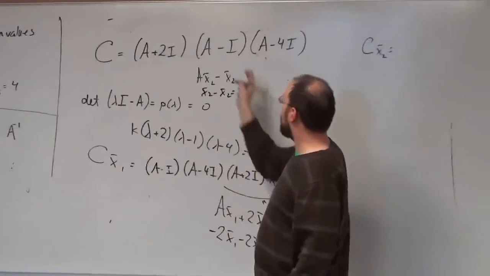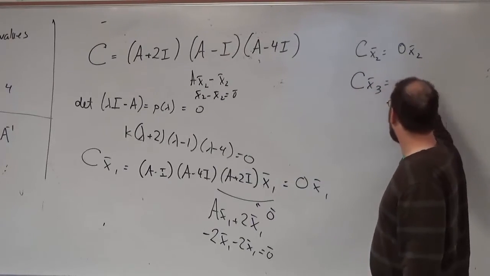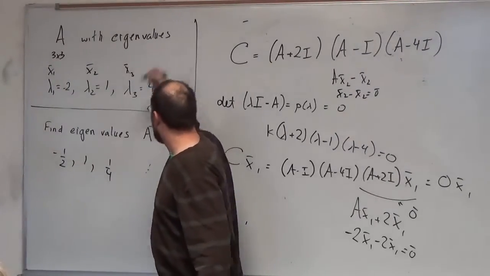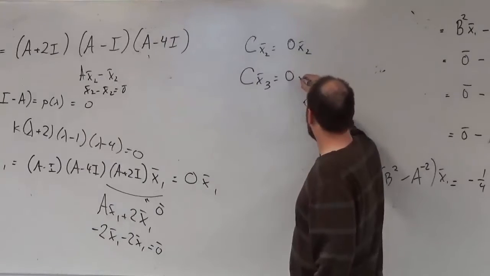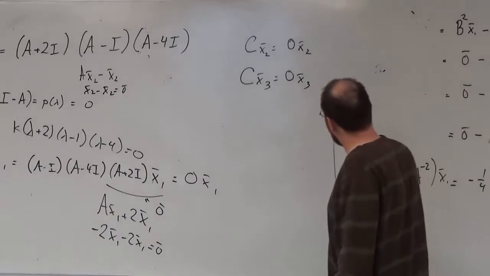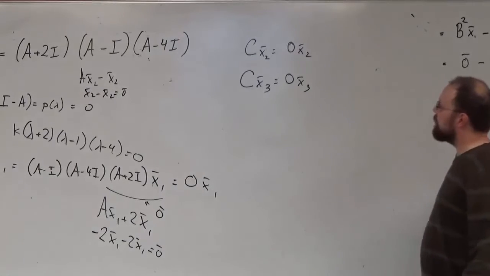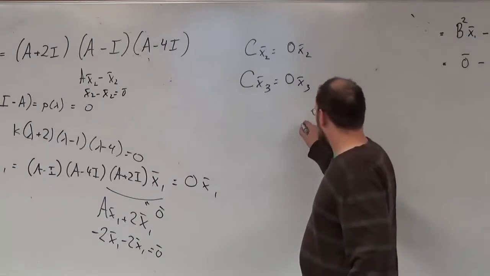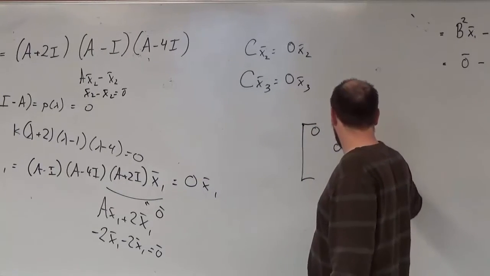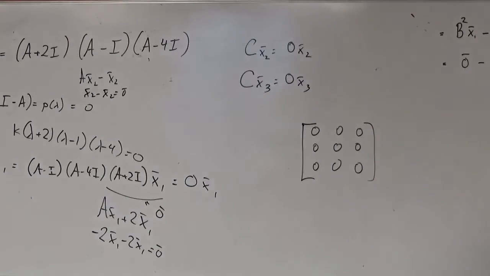So you get 0 again, and the whole thing is 0. And likewise for the third eigenvector associated to the eigenvalue of 4, you get 0 times x3. So it looks like this matrix just has one eigenvalue, 0. And how do we know? So here's a simple matrix that has those eigenvalues. It's the 0 matrix. But does C, the matrix C, have to be the 0 matrix?